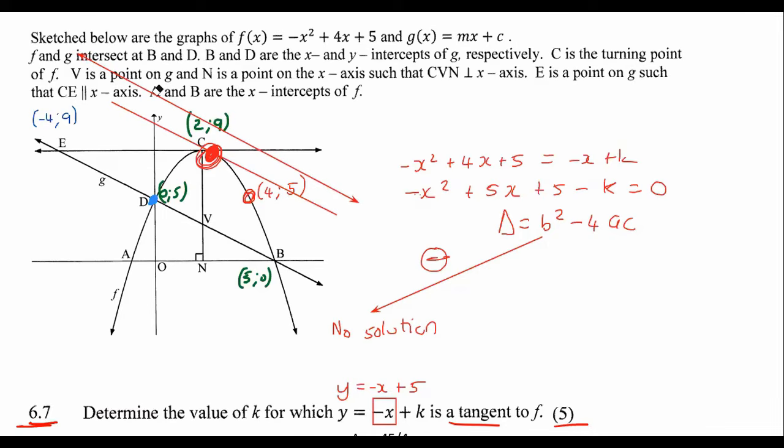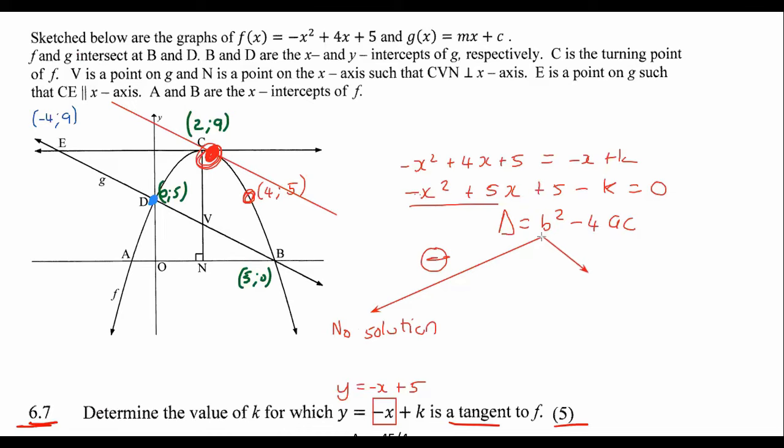So if they ever ask you, find the value of k so that there is no solution, then you would still make them equal to each other, like we did here. But then you would make the discriminant, the b squared minus 4ac, negative.